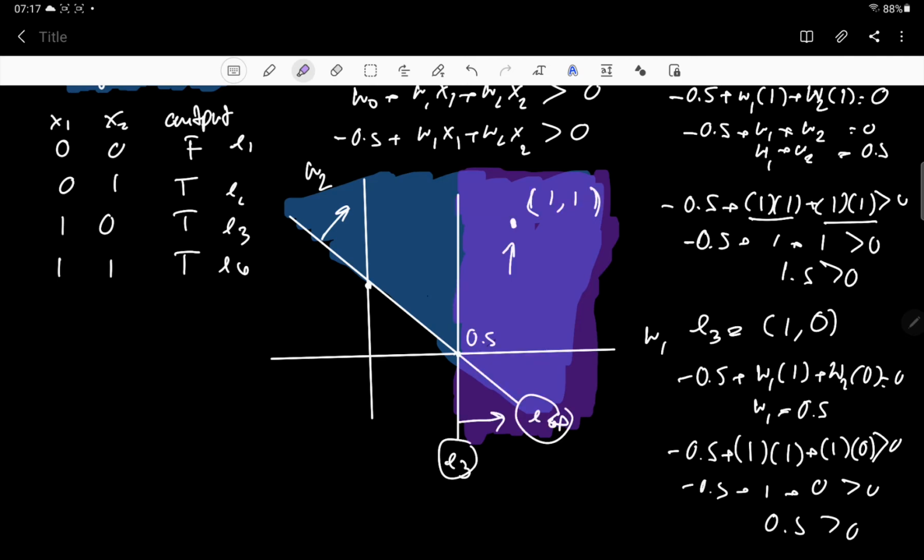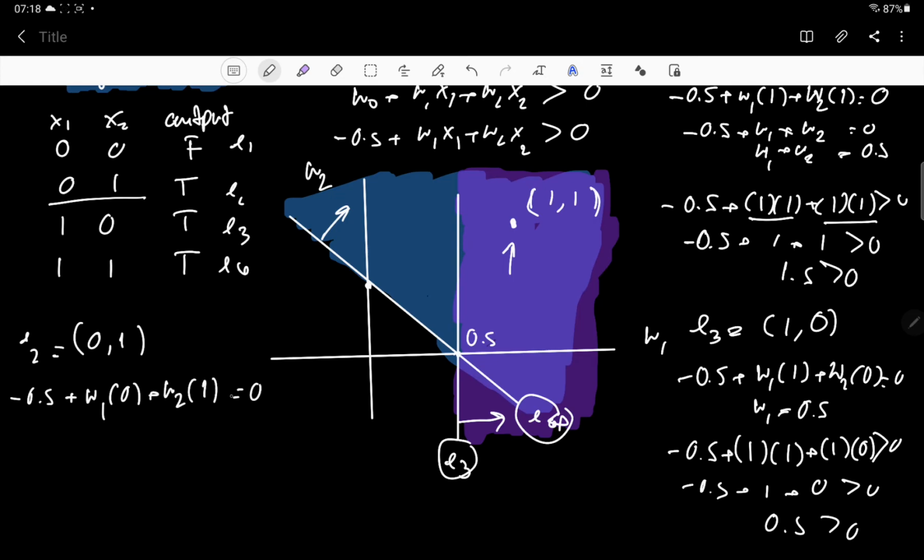Okay. Now we come to E2. For E2, the input is 0, 1. So our equation will be minus 0.5, that is our bias here, plus W1 times 0, plus W2 times x2, which is 1.